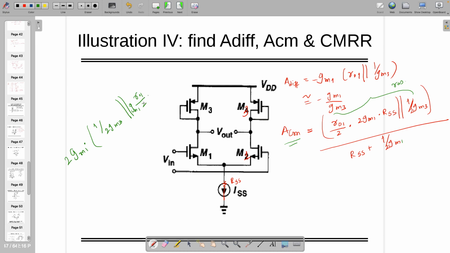gm1 r0 2 gm times rss divided by rss plus 1 by 2 gm. It's same. Any mistake I'm making? No. This is resistance, this is also resistance, resistance times 2GM.